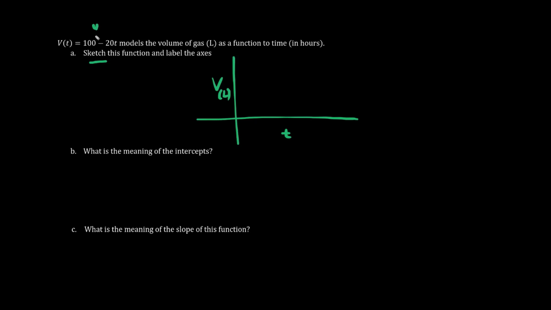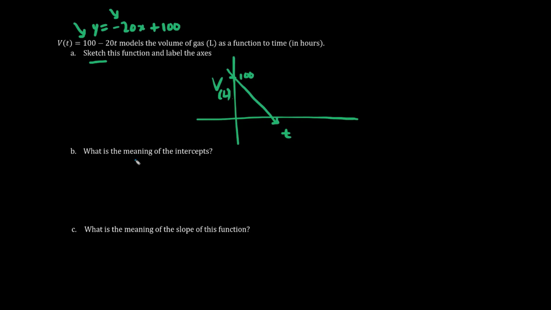Think of this like y equals minus 20x plus 100. This constant 100 is the y-intercept, so we'll just label this 100 over here. A negative slope, negative 20t, means the graph is going downhill.